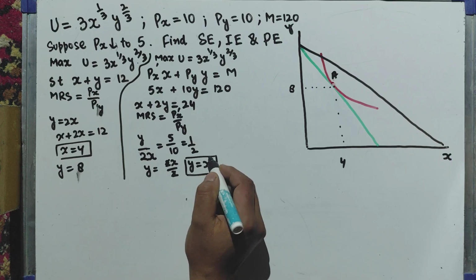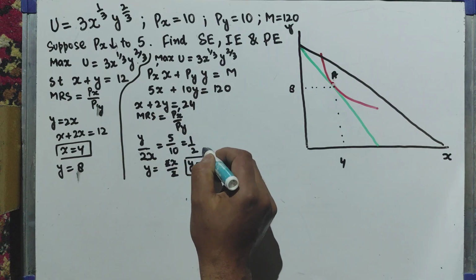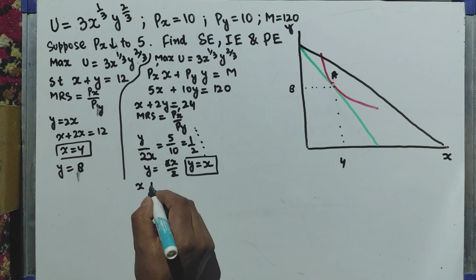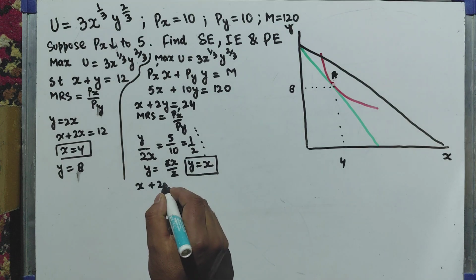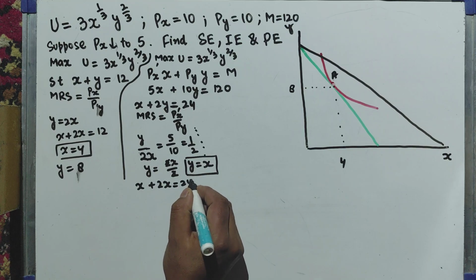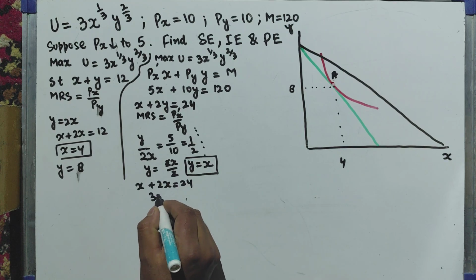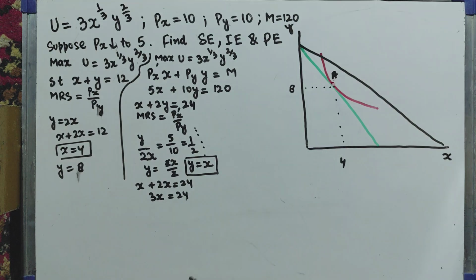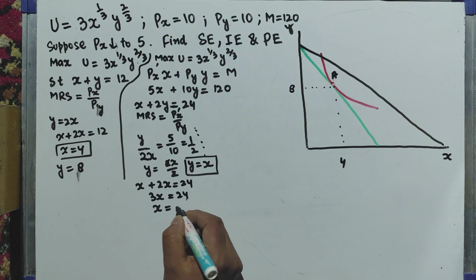Now we plug the value of Y is equal to X into our budget constraint here. Okay, so what will we get? X plus 2, the value of Y is X here, should be equal to 24, or 3x is equal to 24. Dividing both sides by 3, we will get the value of X is equal to 8 this time.